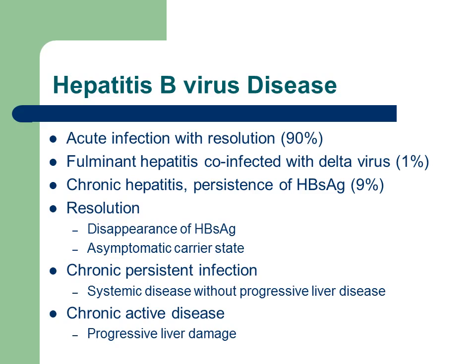So there's a chronic persistent infection where an individual has systemic disease, has very progressive liver disease, chronic disease, but they may not really know they have the disease until they have severe liver damage. There's also a chronic active disease, again, progressive liver damage.